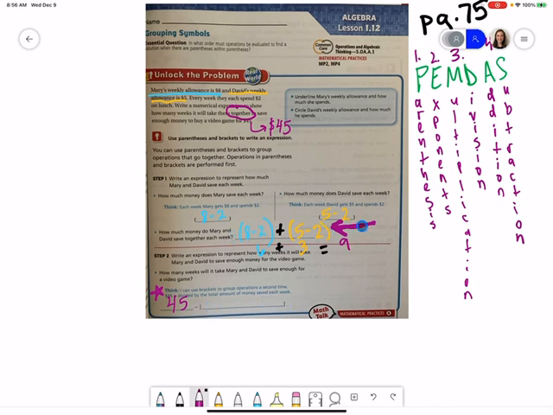And we just learned that this equation shows us how much they make each week. So what I can do is put that very same equation down here. Remember your parentheses.